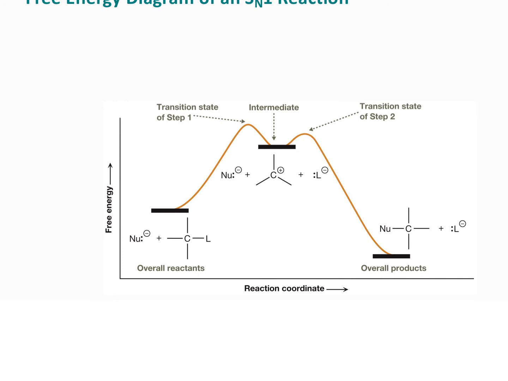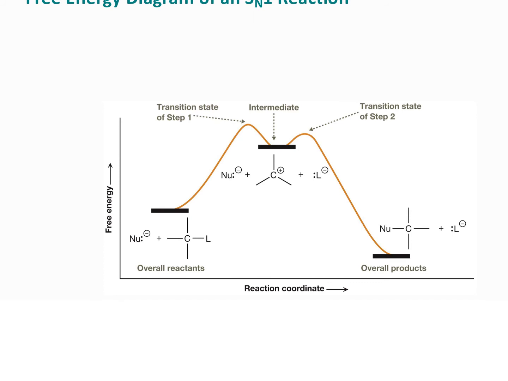Now, the overall reactants are located here on the far left, and unlike energy diagrams that we've seen before, this has two humps, one here and one here, not one. This is because there are two separate elementary steps for the SN1 mechanism.